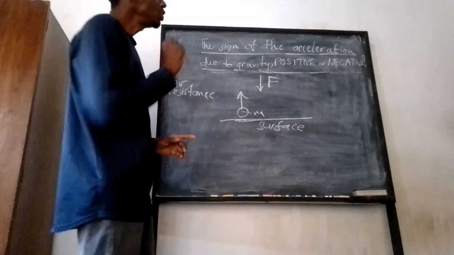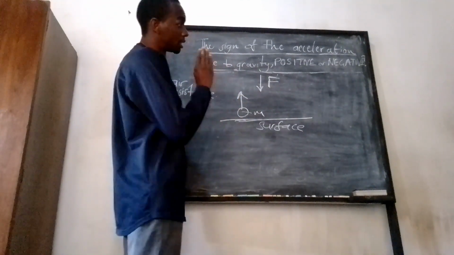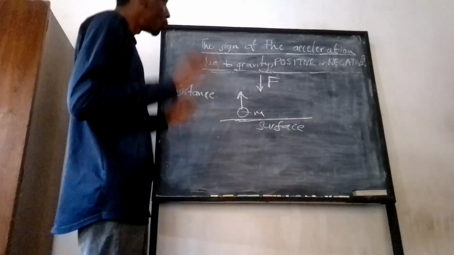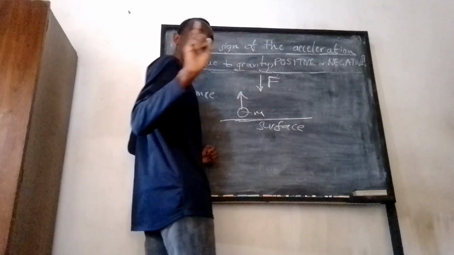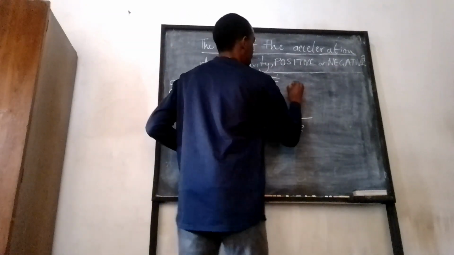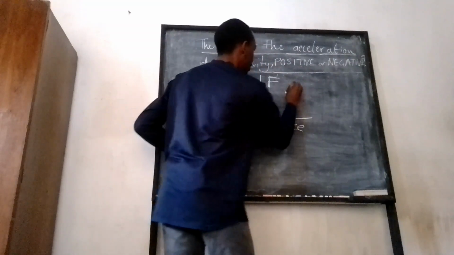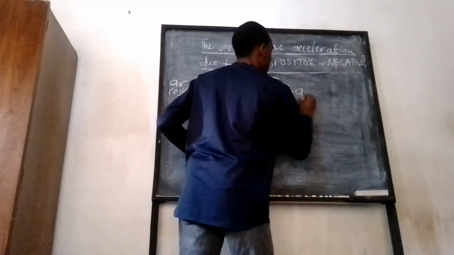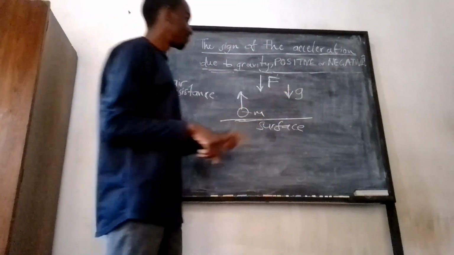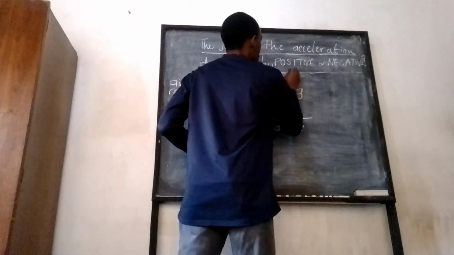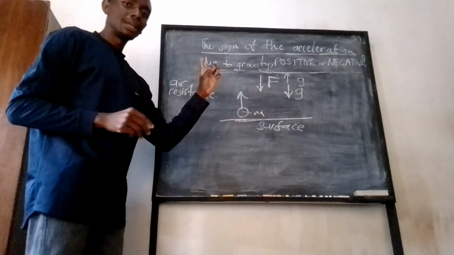Now, like I said, I want to show you how you can use the acceleration due to gravity without introducing a coordinate system. I'm going to be real quick. I want this video to be very short. There are two possible scenarios here. Either we get an acceleration due to gravity that's downwards, or we get an acceleration due to gravity that's upwards.